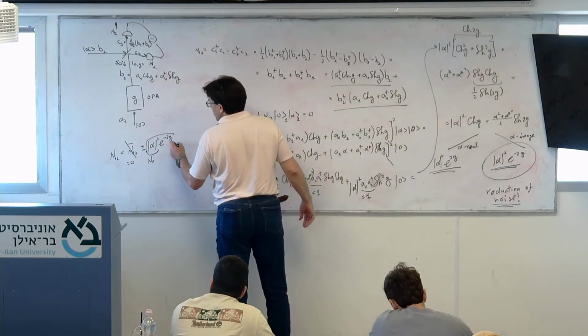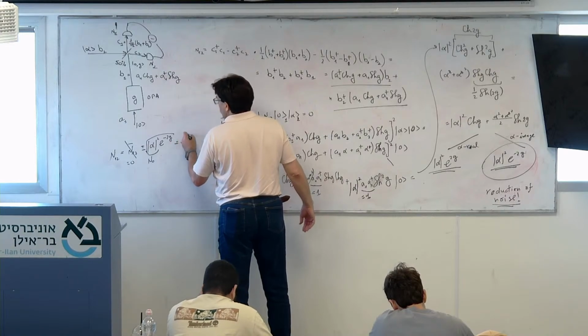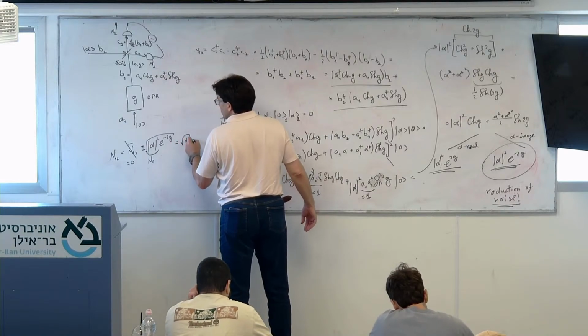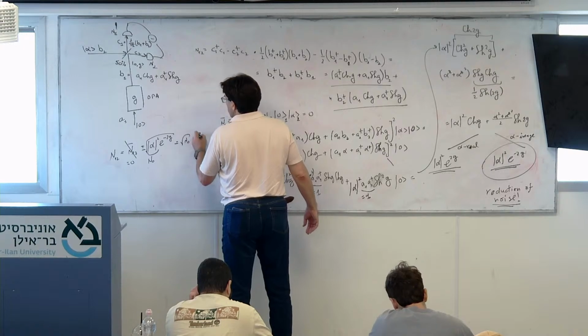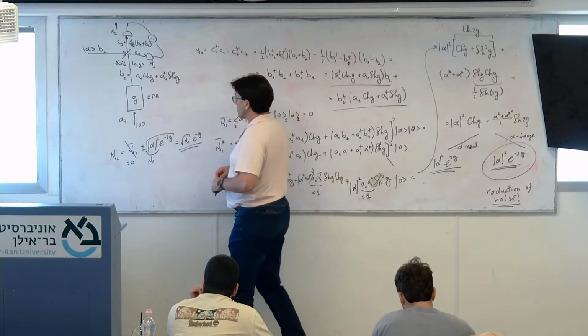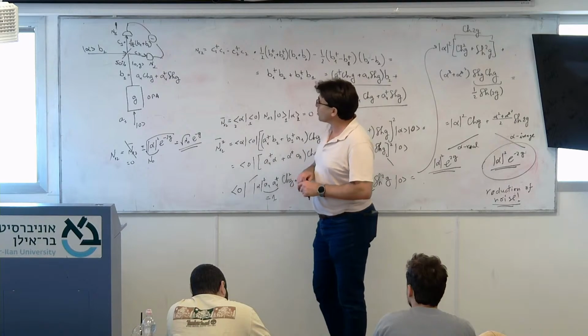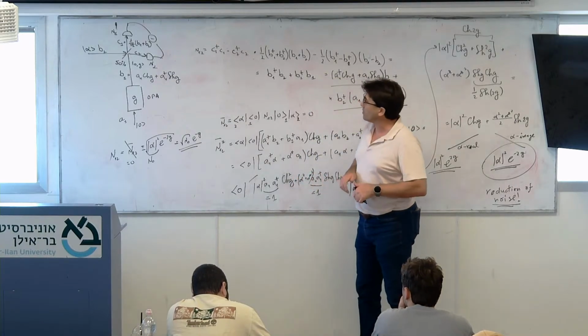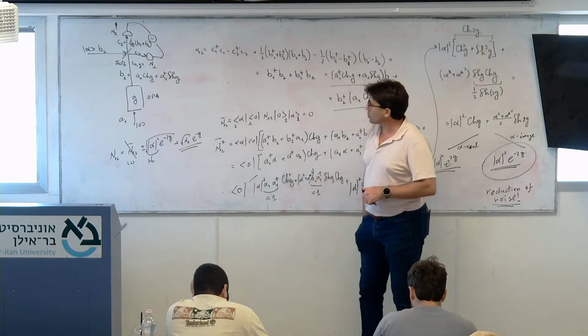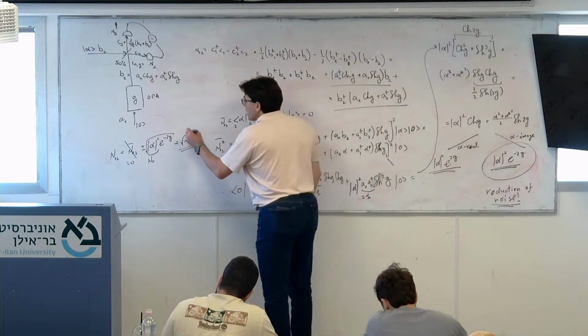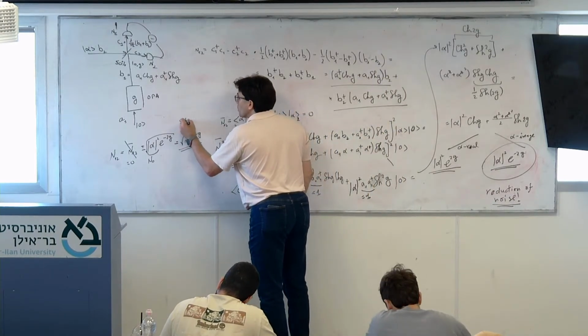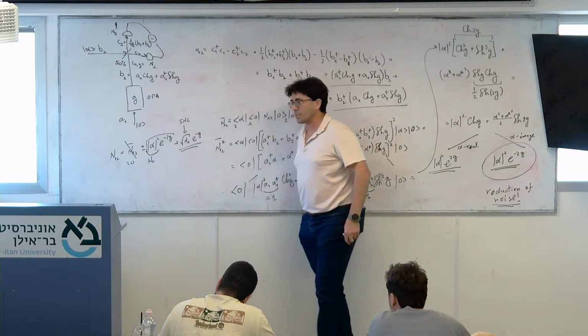So we see that this is going like square root of n times e to the minus g. So the higher parametric gain we can have, the more reduction we could have. And this is what we called the shot noise limit.